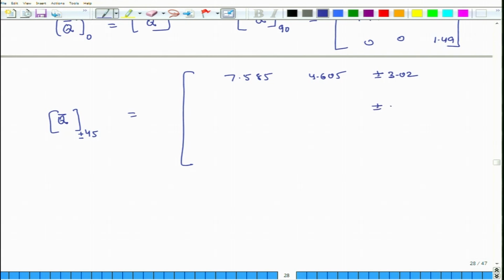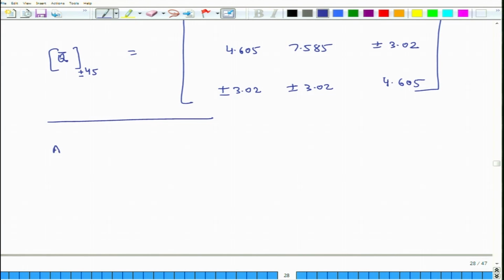This is also plus minus 3.02 and this is 4.605, 4.605, 7.585, plus minus 3.02, plus minus 3.02. So, this is the Q bar matrix for 45 degrees.